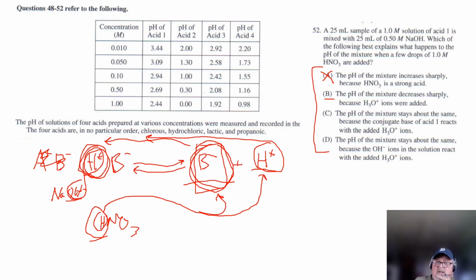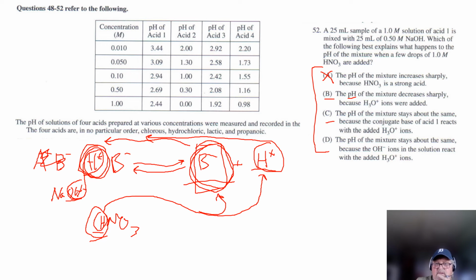The key thing was that we added the NaOH, which has an effect on the system. If you just added the nitric acid, it would have created more H plus, which would increase the acidity and decrease the pH. Remember, an increase in acidity is inverse to pH.